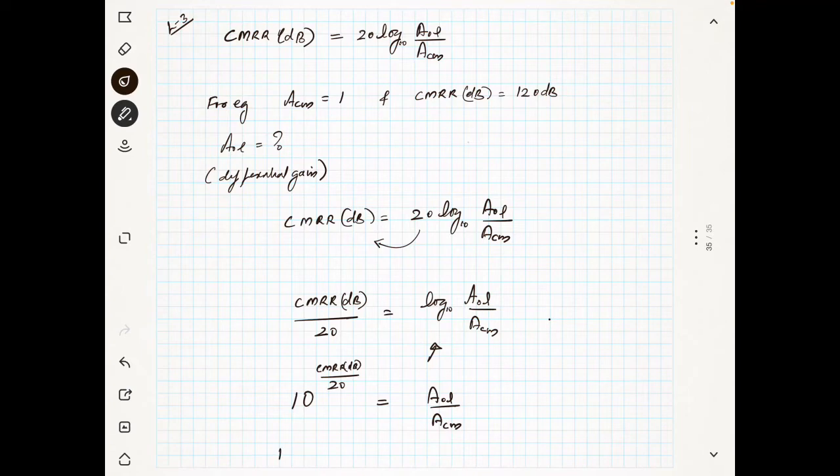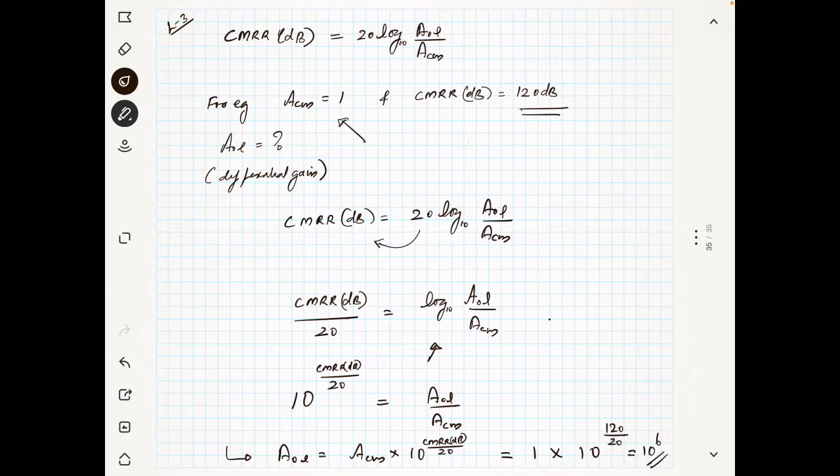So I can find AOL as ACM multiplied with 10 power common mode rejection ratio in dB divided by 20. In our case, ACM is 1, so 1 into 10 power 120 divided by 20. So you will get 10 power 6. You see here the open loop gain is 10 power 6.